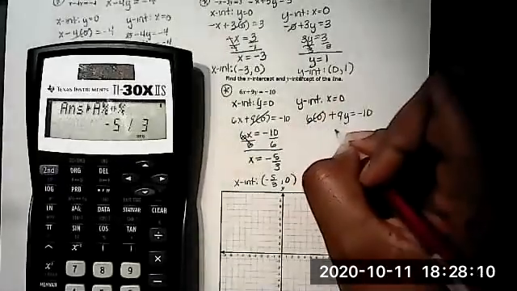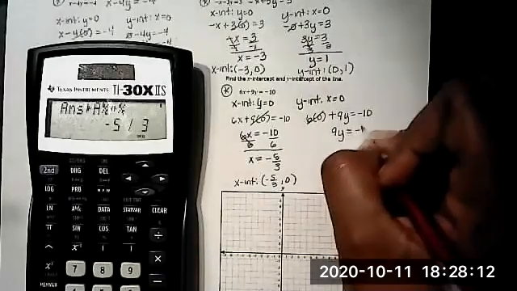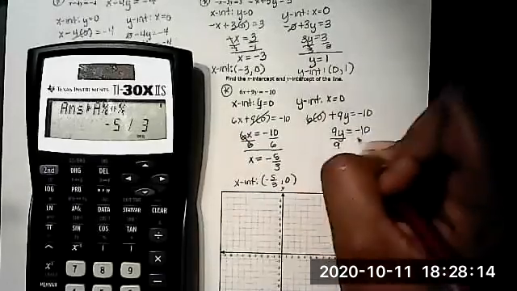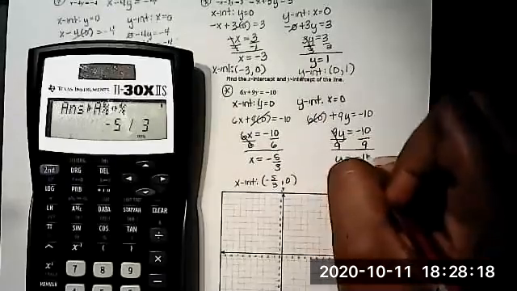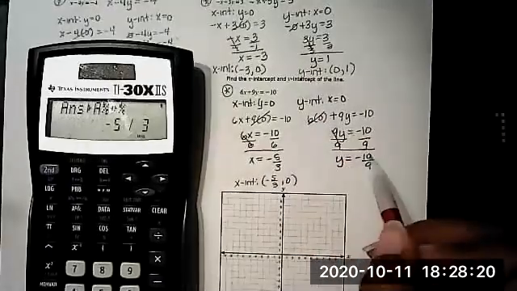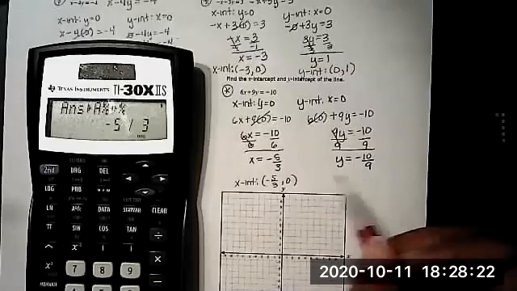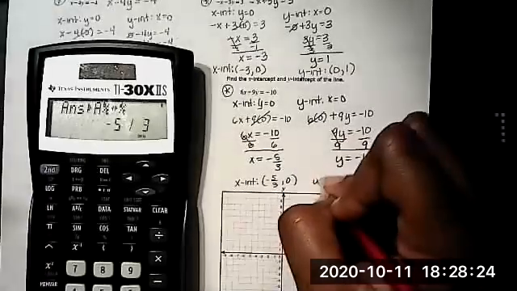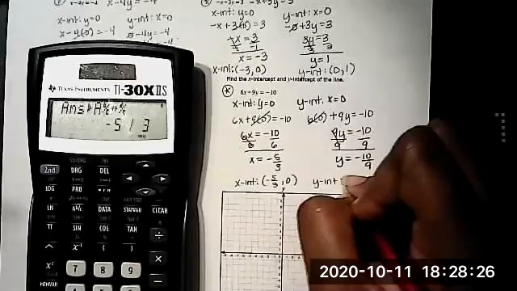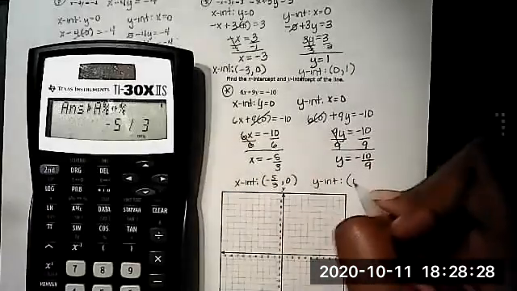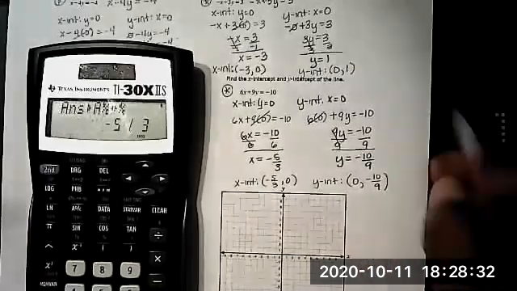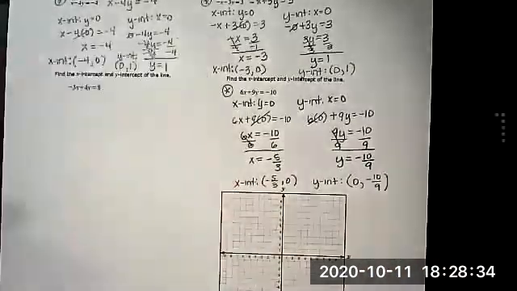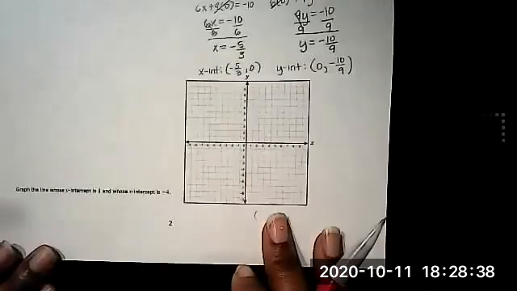Goes away. 9y equals negative 10, divide by 9 on both sides, okay? Y equals negative 10 over 9, which doesn't simplify. And for your y-intercept, 0 for x, negative 10 over 9 for y, because that's your y-intercept. Okay? So your answer can come out as a fraction.